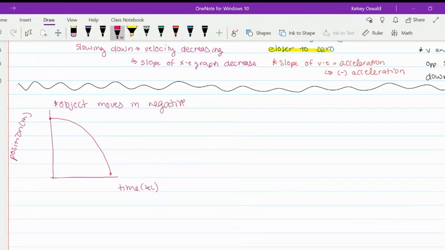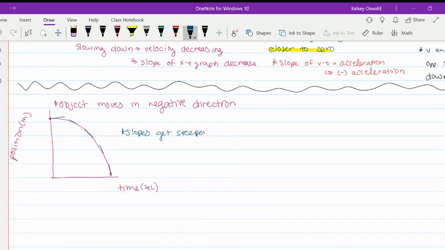To figure out whether our object is speeding up or slowing down, we need to look at our slopes at different times in this curve. So when we start off, our slope, let me draw that better, is relatively flat. And as time goes on, our slope is going to get steeper and steeper.